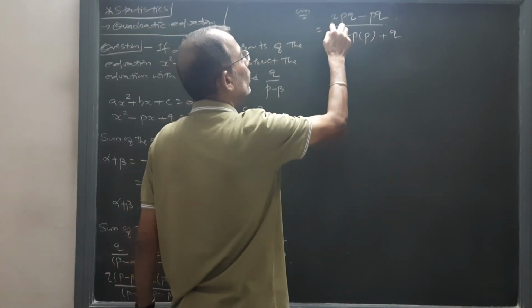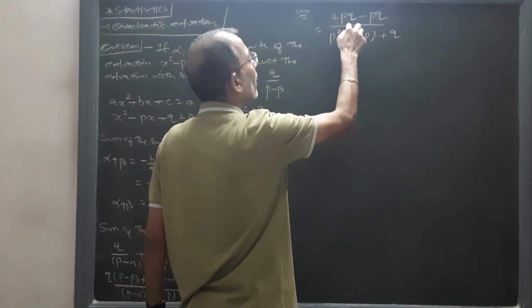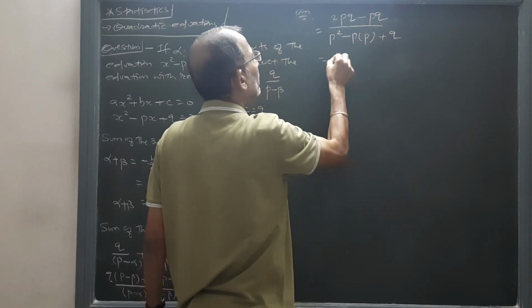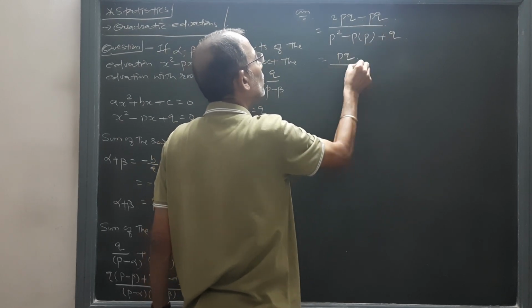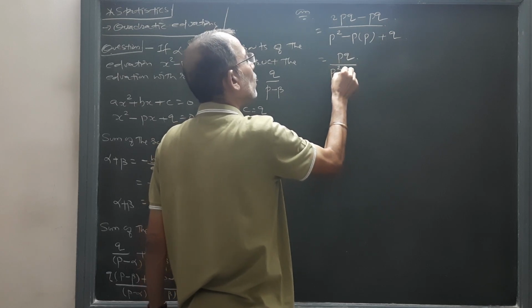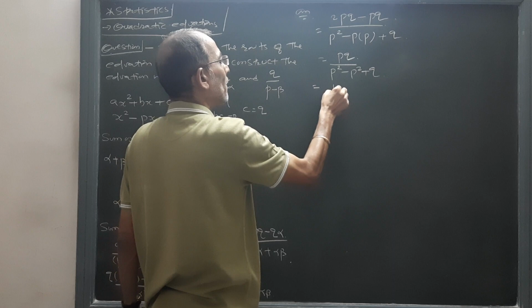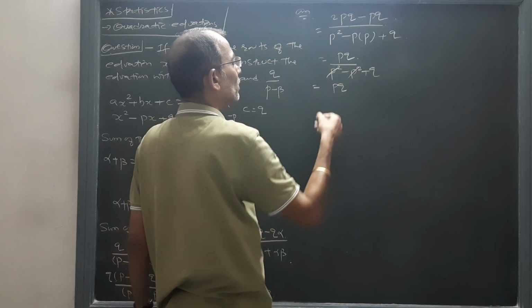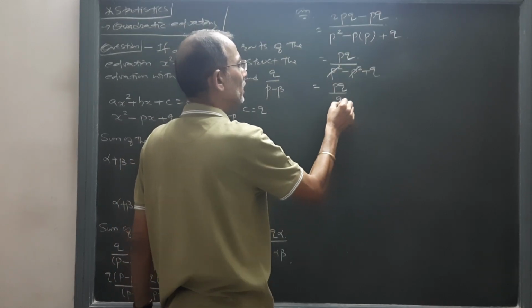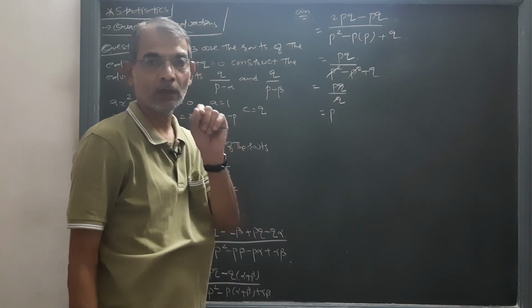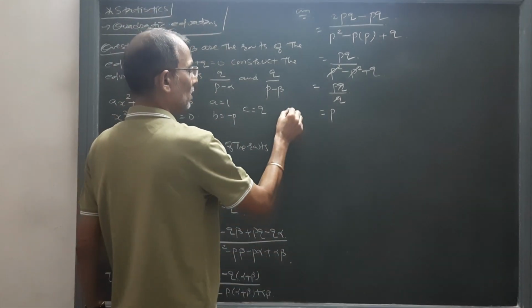Now 2pq positive and pq negative will become pq, over p square minus p square plus q. The pq will be cancelled, q will be cancelled, so the sum of the roots is p.